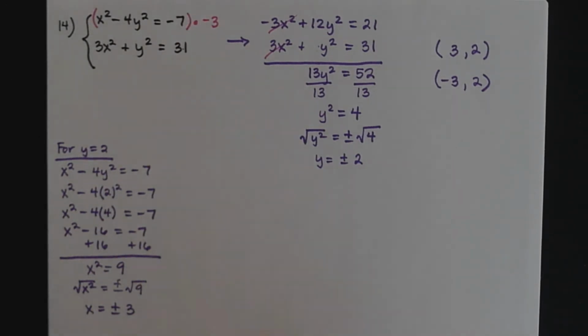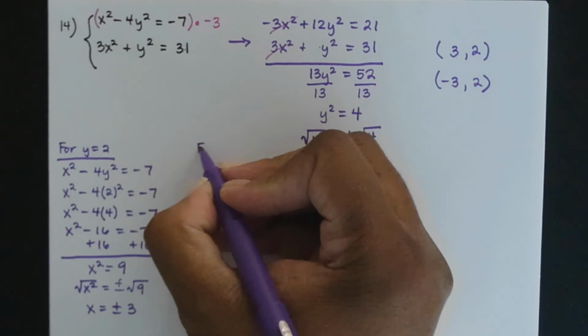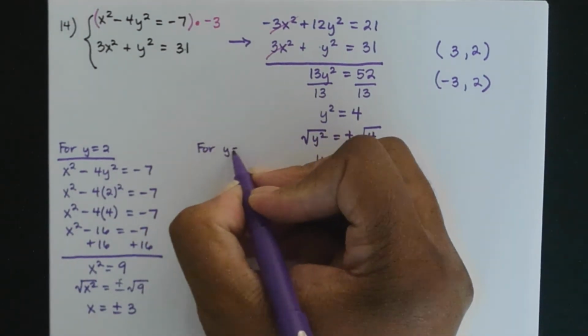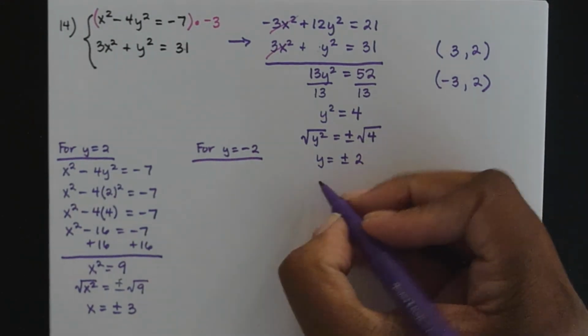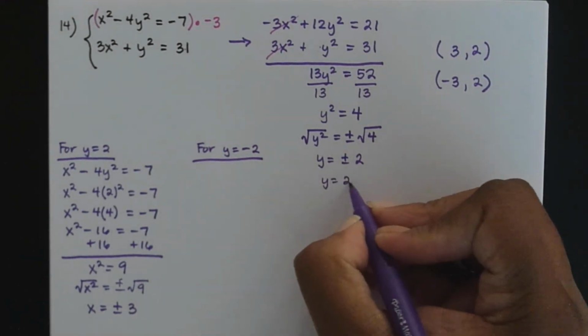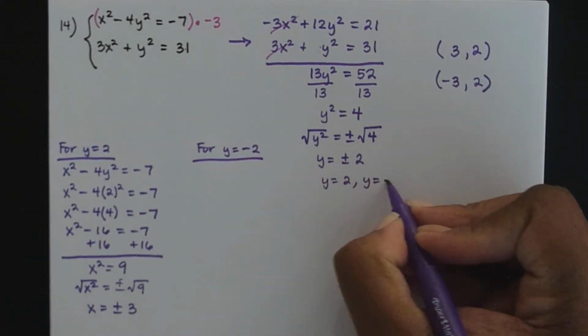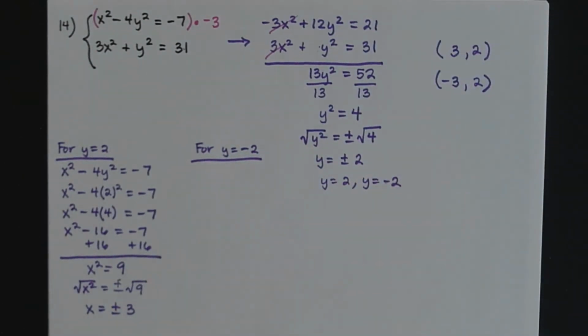Now let's see what happens when y is negative 2. Since I came up with plus or minus 2, that means y is equal to positive 2 and y is equal to negative 2. Best to write that out as is. So now we found out what my x values are when y is 2. Now let's find out what the x values are when y is negative 2.